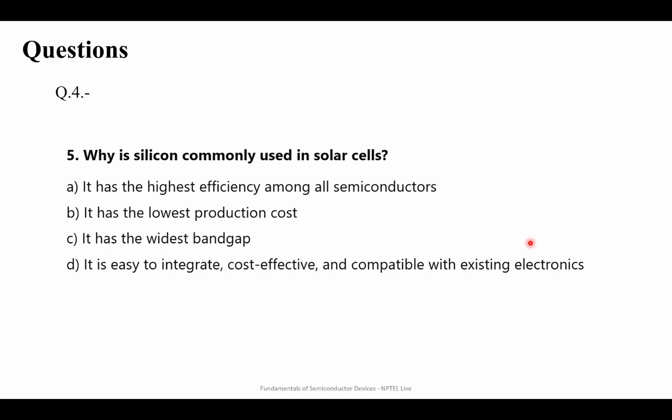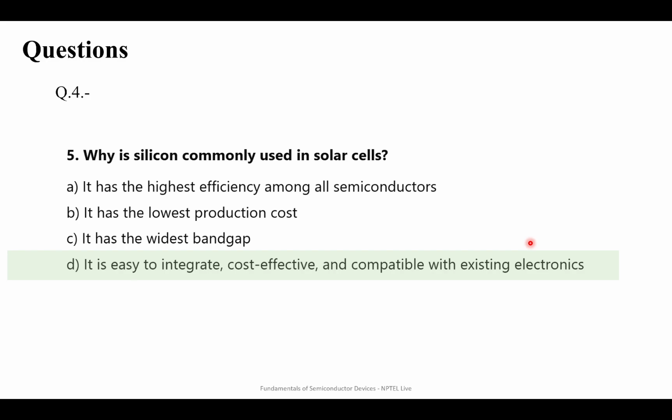Why is silicon commonly used in solar cells? It has the highest efficiency among all semiconductors. It has the lowest production cost. It has the widest bandgap. It is easy to integrate, cost effective, and compatible with existing electronics. Sir, option 4. That is correct.